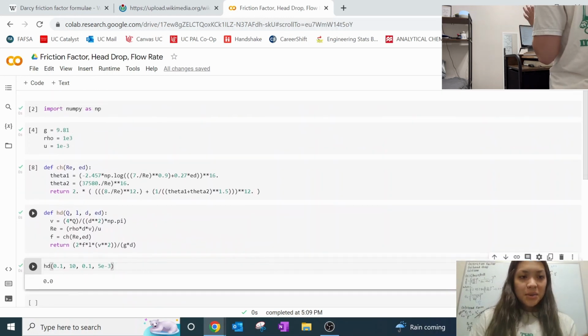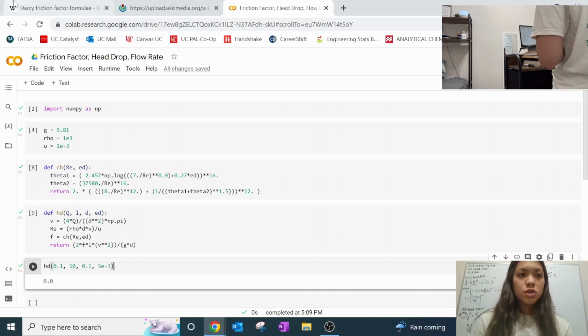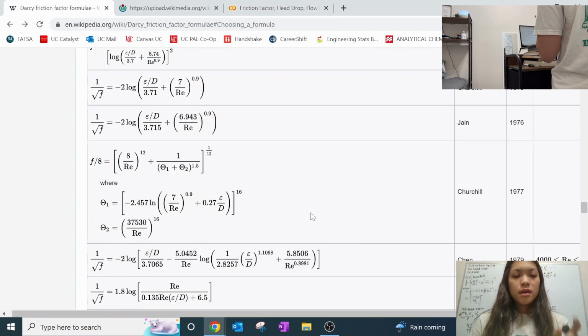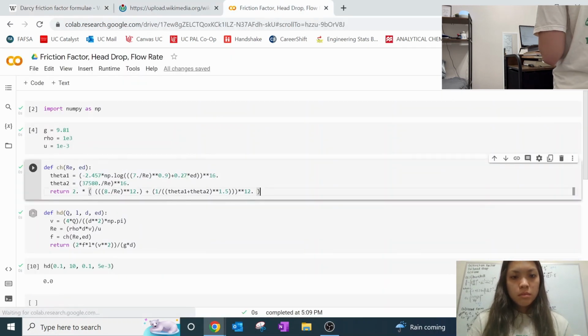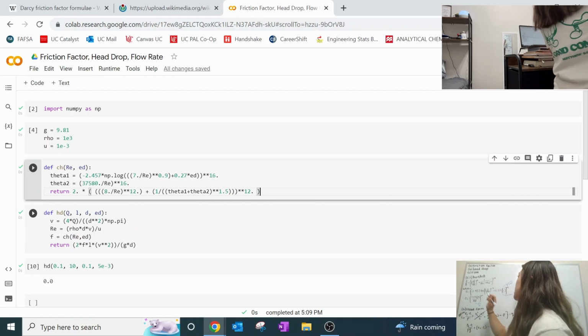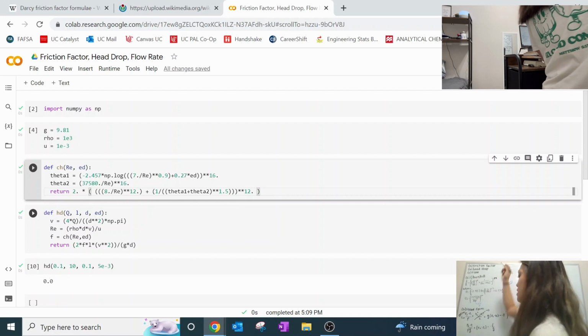You can see I got 0, which is not correct, and the error is that up here when we were inputting the equations for Churchill, it is this entire quantity to the 1/12th power, and so this should be to the 1/12th power, which is also incorrectly written on my board when I copied it originally.